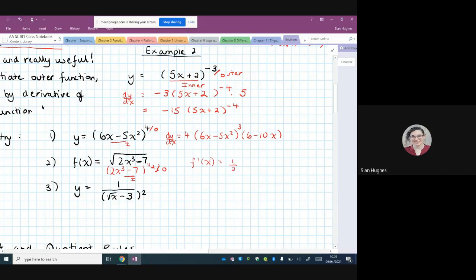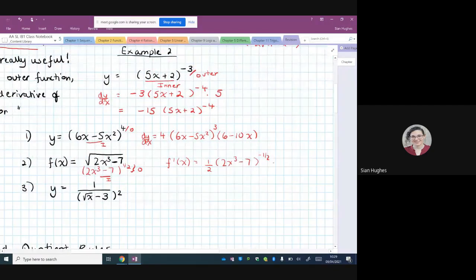So half comes to the front, we take one away from it, we get minus half. I'll write that 2x cubed minus 7 in here. Then when we multiply by the derivative of the inner function, 2x cubed will go to 6x squared, and the minus 7 will have disappeared.